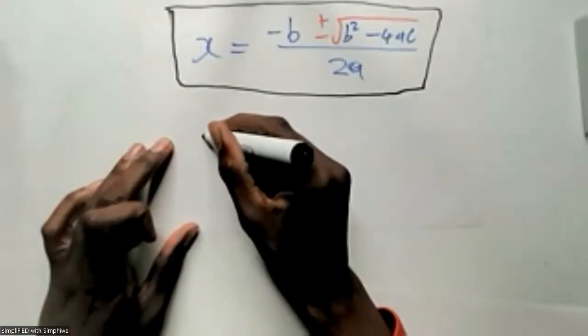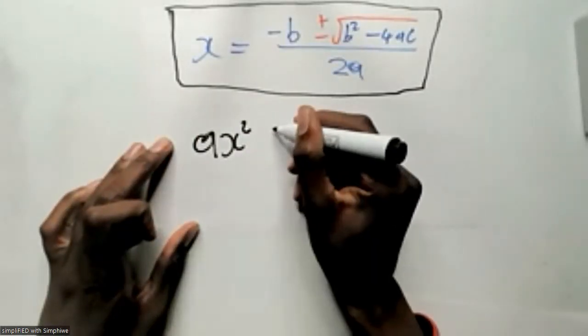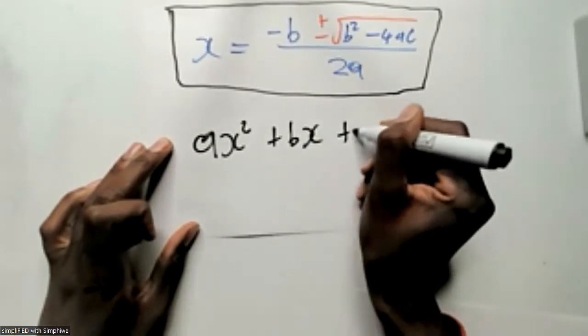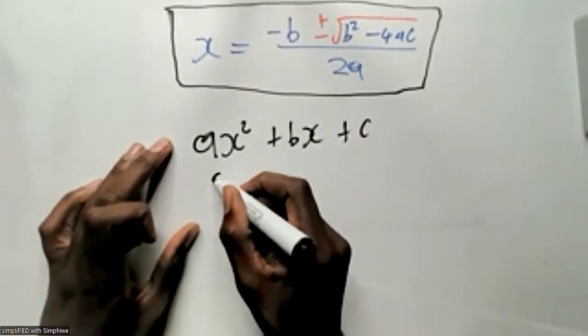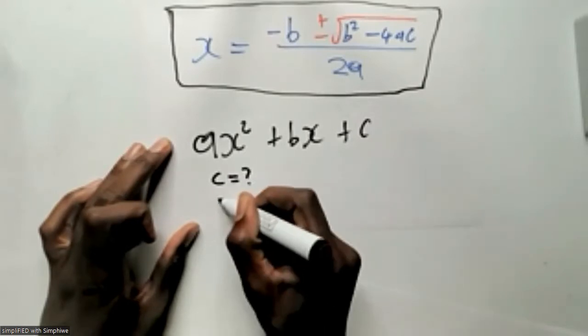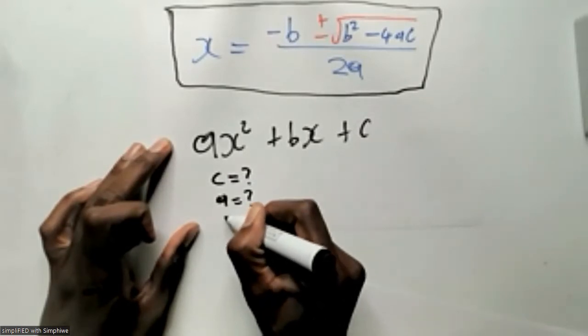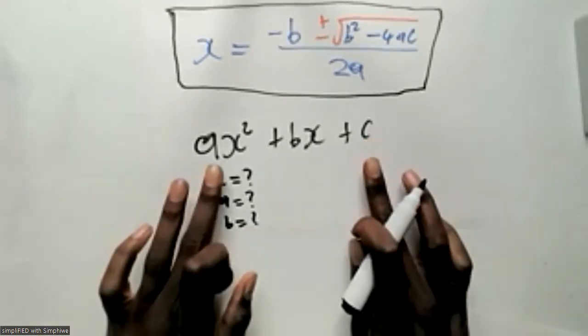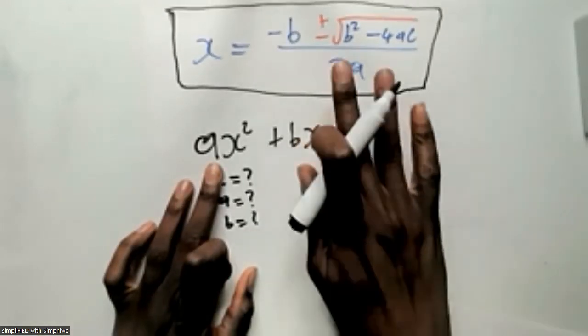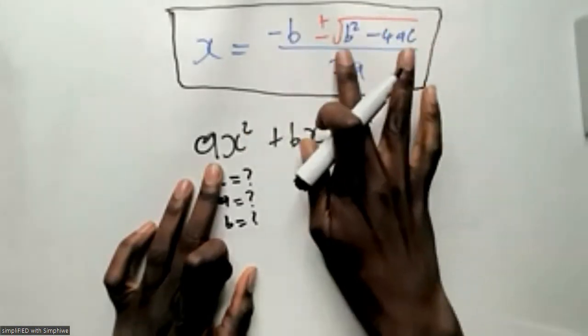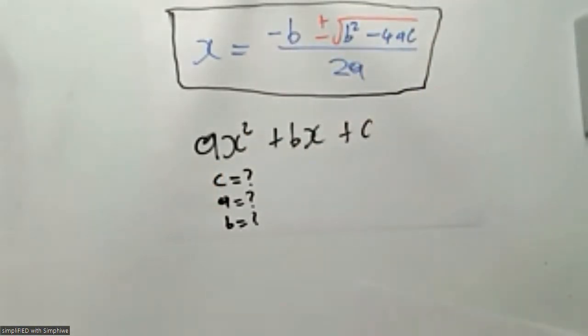From our known equation, ax squared plus bx plus c, you just have to get the value of a, the value of b, and the value of c from your equations, and then substitute those values into this formula, and then we're going to use a calculator to solve the entire thing. But we're also going to learn how to simplify our quadratic equation. So let me get a calculator, and then we'll go to our first question.